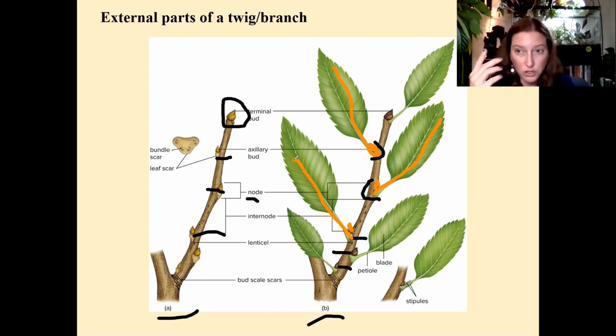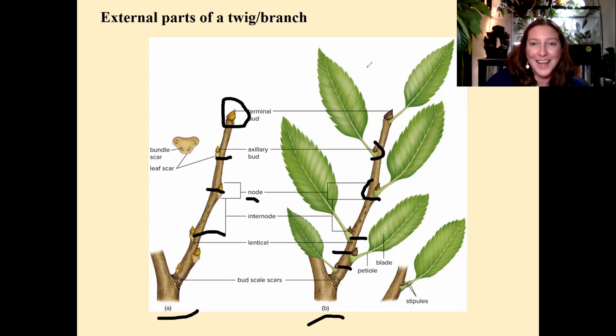So these structures, axillary buds and leaves, occur at the region known as a node. There's a reason I'm telling you this. Then you have this other word, internode. Inter means between.